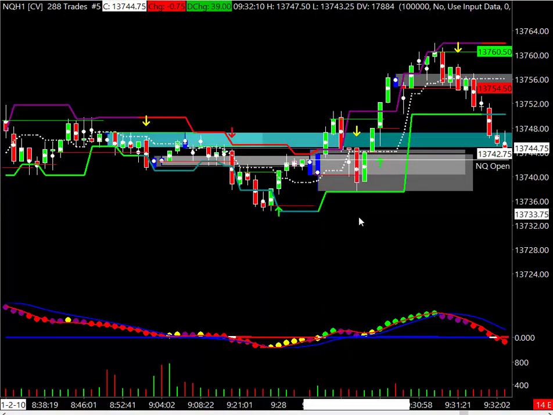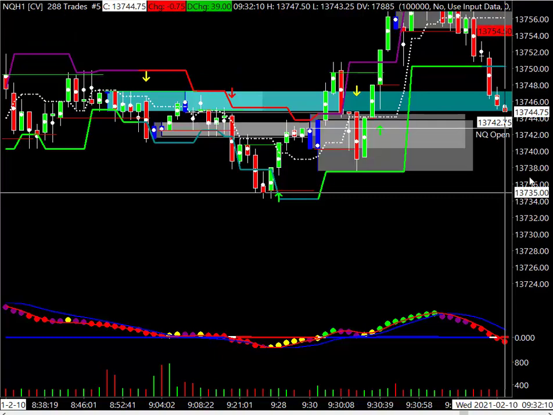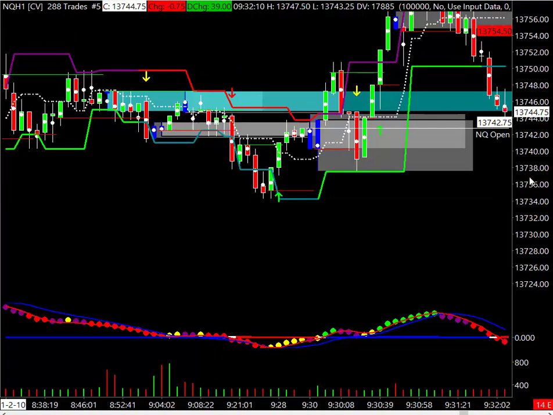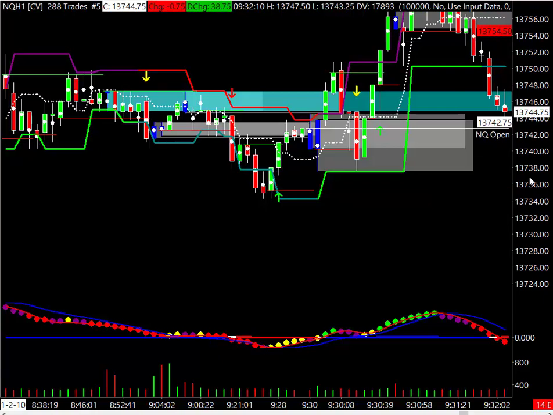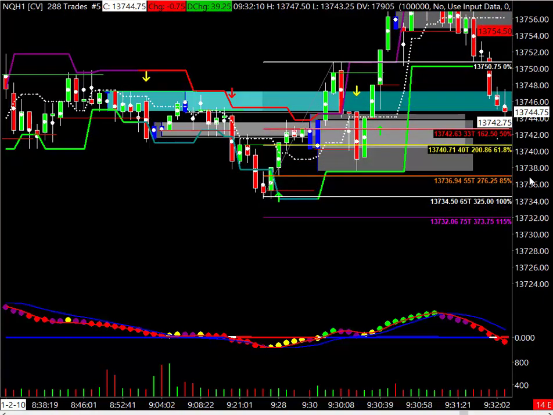So we want to simply say, okay, we do see a swing low and we do see a swing high. On this swing point, 61.8, let's measure this swing high and this swing low.